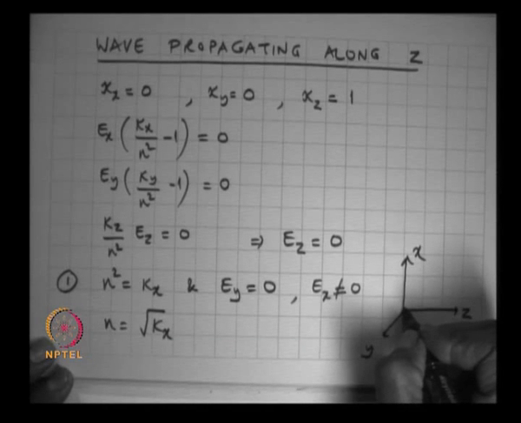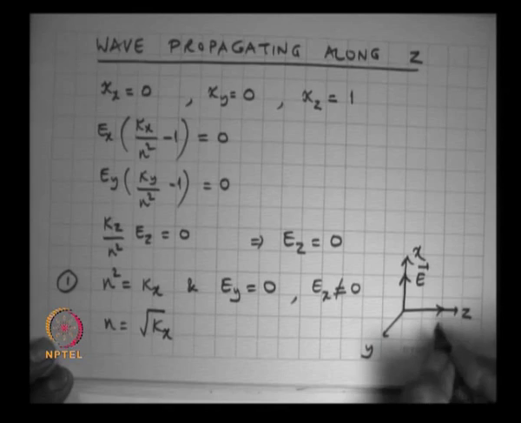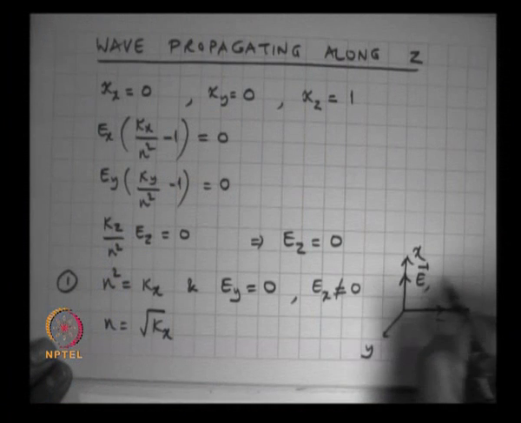The electric field is along the x direction, the propagation vector is chosen to be along the z direction. What is the direction of the d vector? Along x, because if the electric field is along one of the principal axis directions, the corresponding d vector is also along the same principal axis direction. So, d is also here.